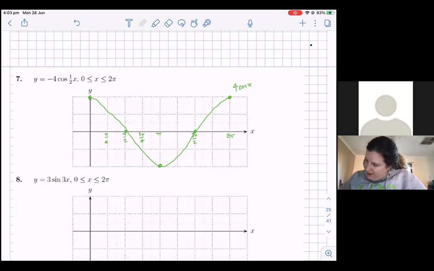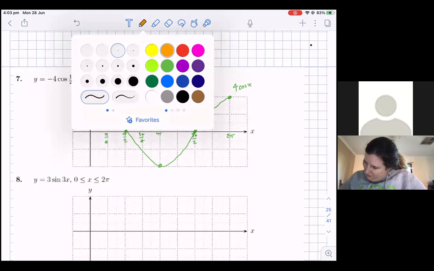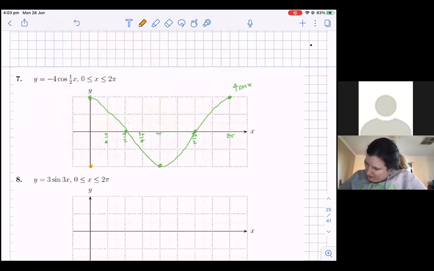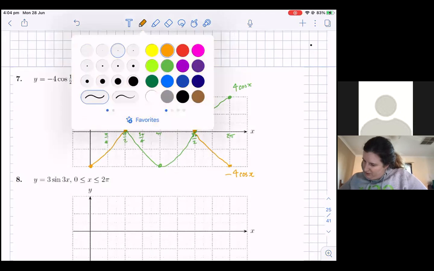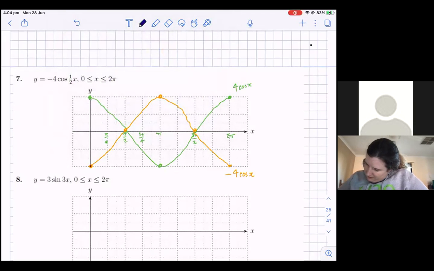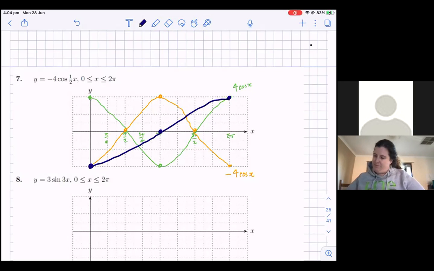Because it's upside down, it would hit these marks. Half x, so it's happening half as often. Means it's going to hit there.